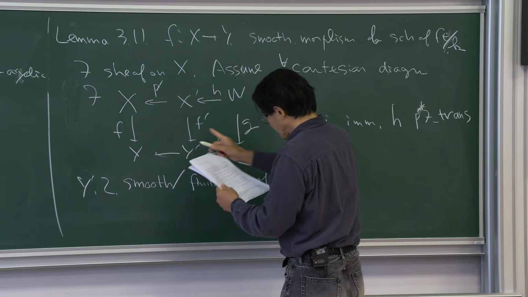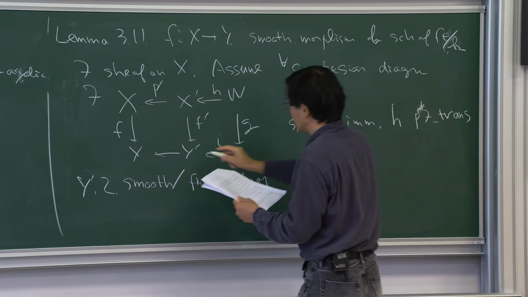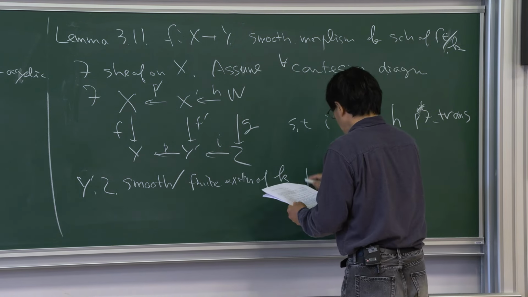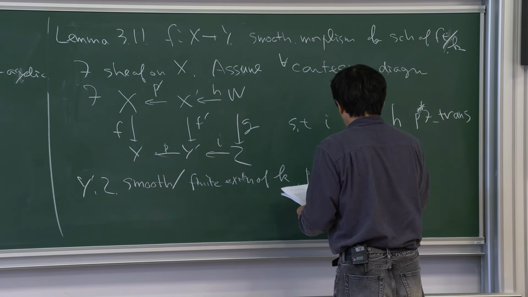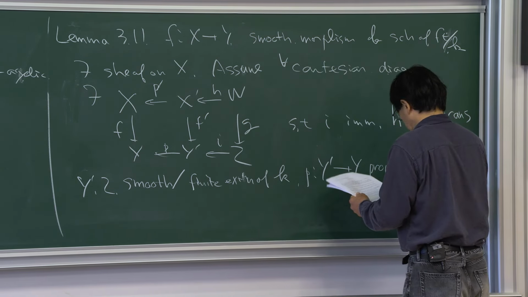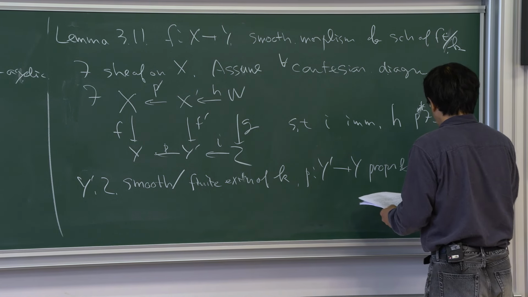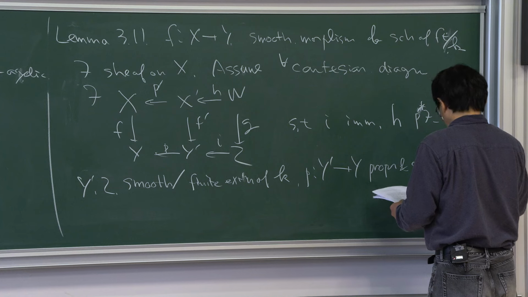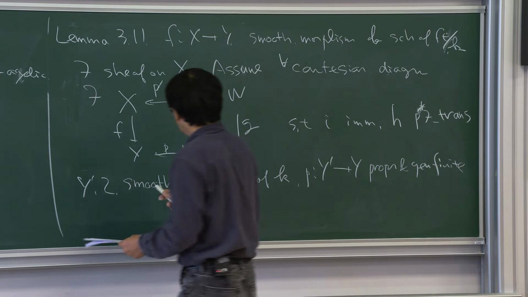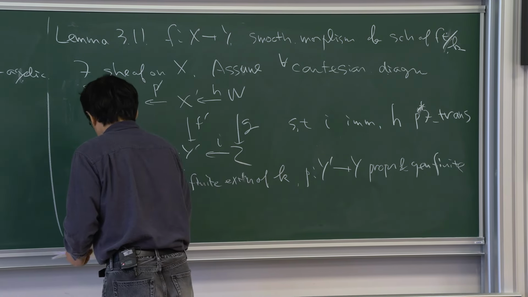And we are considering basically an alteration. So P is proper and generically finite, and I is a closed immersion.